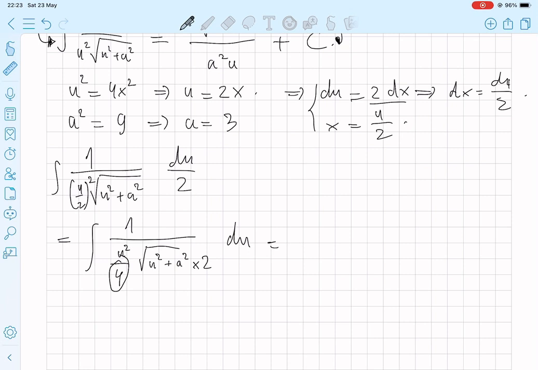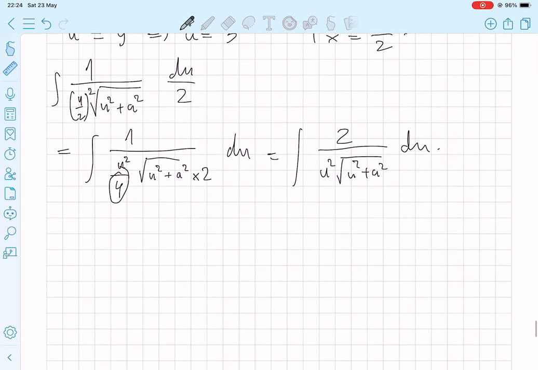So let's simplify it more. It will equal 2 over u squared multiplied by the square root of u squared plus a squared, du.